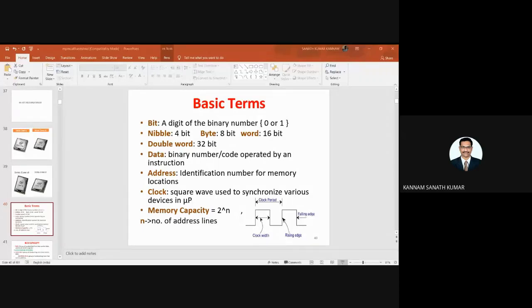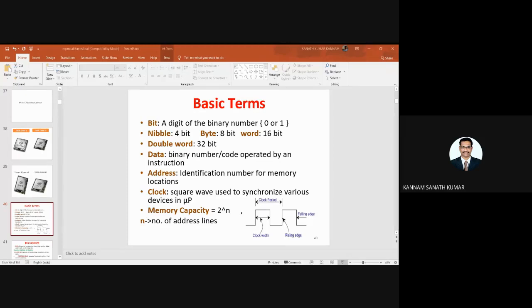Okay, clock. What is a clock? Clock is nothing but a square wave used to synchronize various devices in the microprocessor. As I told you in one example, we human beings have a heart. The heart synchronizes all the parts of the body. It pumps the blood to all the parts of the body, so that the remaining parts of the body work based on their operation.